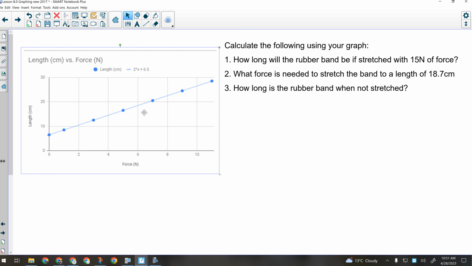What I know right now is that for this graph, y equals 2 times x plus 6.5. Now they want me to calculate the length of the rubber band. So what part of that equation am I solving for? Y or x?